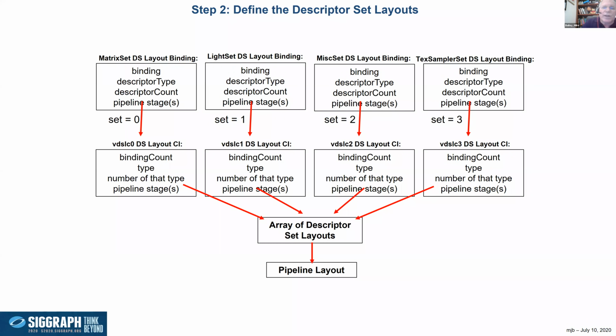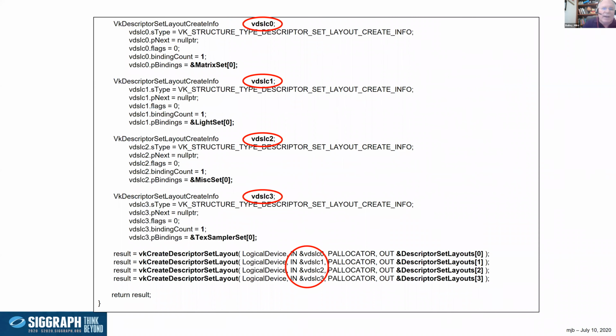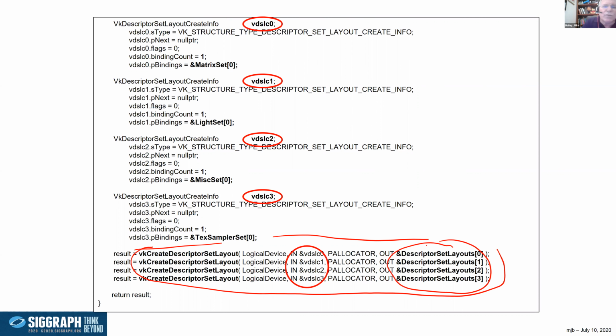Now we're going to create an array of those descriptor set layouts. And that's what's going on here. So we set up a 4-element array of descriptor set layouts, and now we're taking each one of these separate layouts and bringing them in and setting up into that array of descriptor set layout structures.